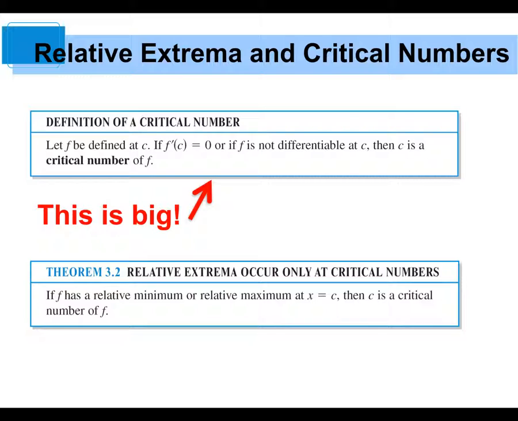Eventually we're going to get into some examples of where you put this into practice. And actually the practice of this is not too bad, because you've all become masters at taking derivatives. Okay, we good? Hold on.